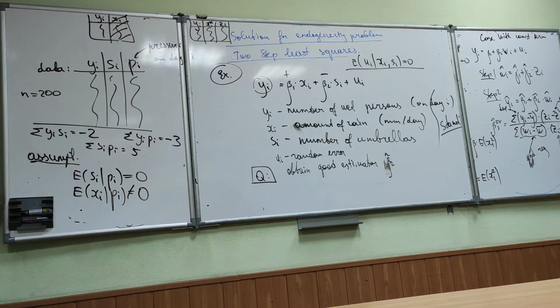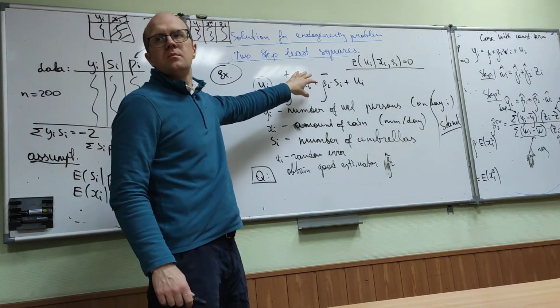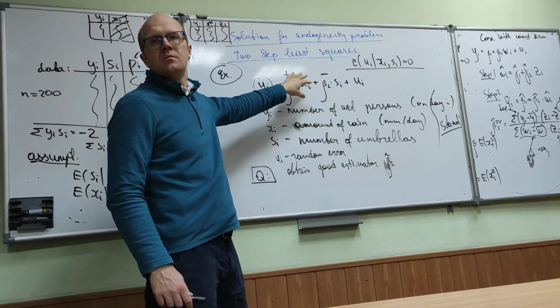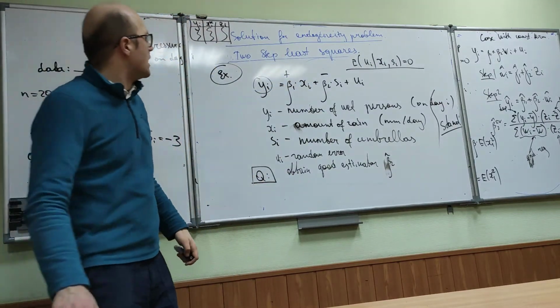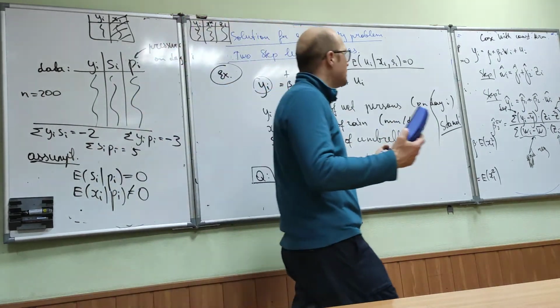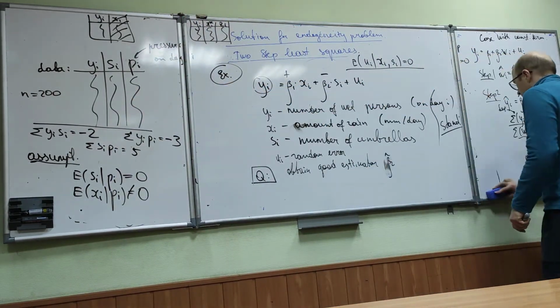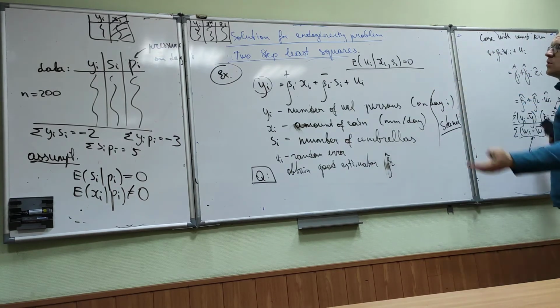Okay, what's the problem? The problem is that I do not observe x. So if I would just do a simple regression, what would happen? Let's imagine that I don't know x.